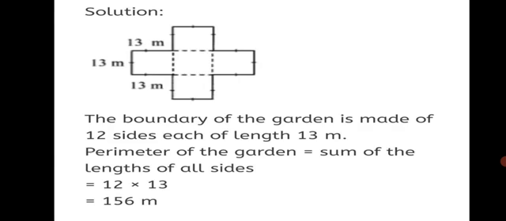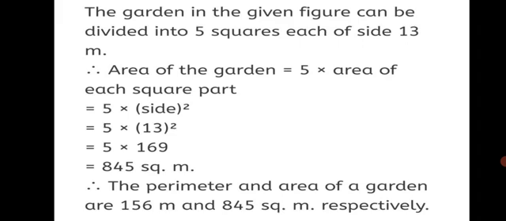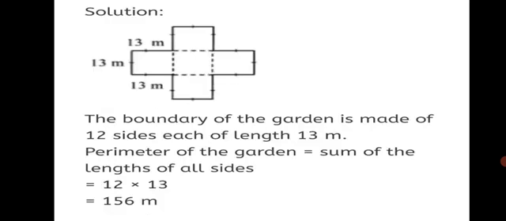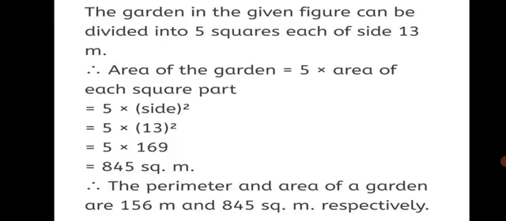Once we got the perimeter, now let's have a look at the area. The garden in the given figure can be divided into 5 squares each of side 13 meter. 5 squares. See here. 1, this top one, 2, 3, 4 and 5. So this way we can even find its area.